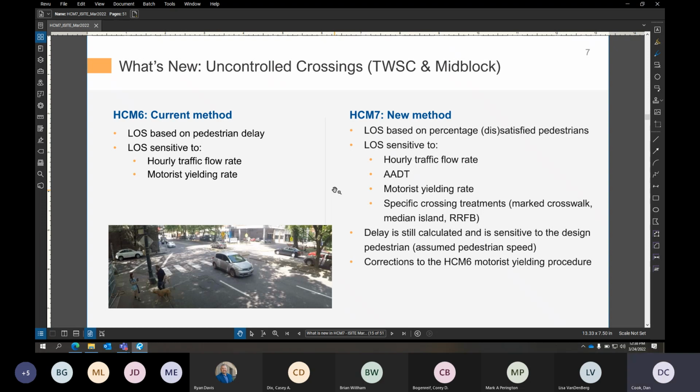That level of service is sensitive to hourly traffic flow rate, AADT, again motorist yielding rate, but also specific crossing treatments at uncontrolled crossings, such as marked crosswalks, median islands, and rectangular rapid flashing beacons. The delay is still calculated and is sensitive to the pedestrian, but there are also some corrections that were made to the motorist yielding procedure that was in HCM 6.